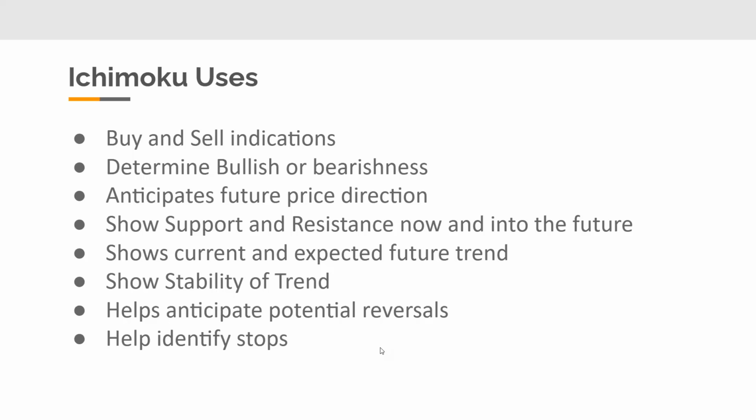The Kumo, which means cloud in Japanese, helps you determine where support and resistance is now and into the future, and also anticipate future price direction. There are also things that help you identify the stability of the trend and potential reversals, and you can use the clouds as a stop placement technique. So it's a lot to cover.